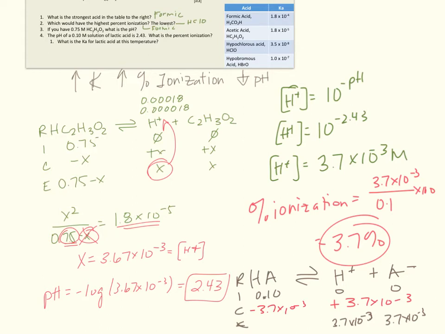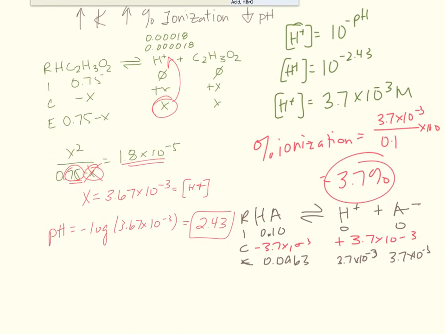So I'm going to take 0.1 minus 3.7 times 10 to the negative third, and I get 0.0963.